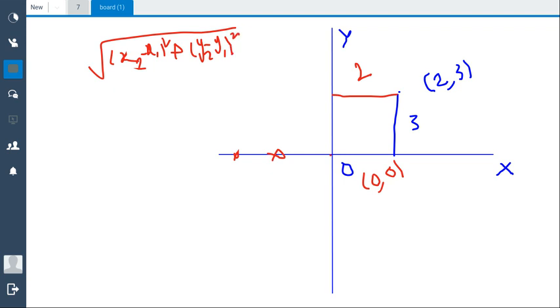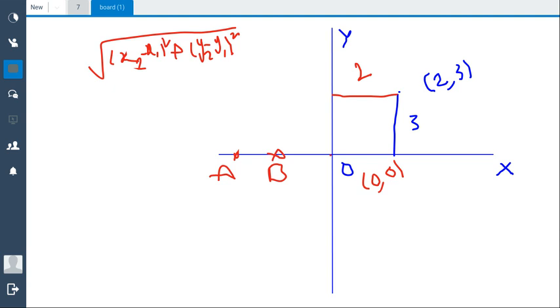If the 2 points lie on x-axis, so in that case, the distance between 2 points is nothing but modulus of x1 minus x2 or x2 minus x1. Distance you will always get the same from A to B or B to A. Distance from A to B and distance from B to A are the same.